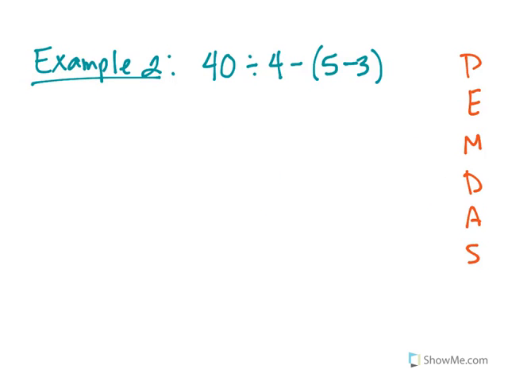Okay, so here's example 2. We have 40 divided by 4 minus the difference of 5 minus 3. So there's a lot going on in this problem versus the first example. So let's start with our P. We're going to do our parentheses first, which is right here. So we're going to simplify anything inside of them. So 5 minus 3 is going to give me 2.